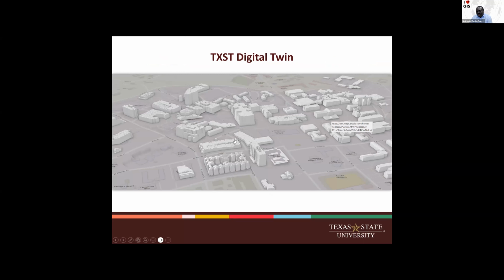We use LiDAR data to provide the base, but we have now started digitizing the buildings and all that using CityEngine, and ultimately we'll go out there, capture some images of the sides of the buildings, and then drape them over, so it will create a more realistic 3D view of campus.